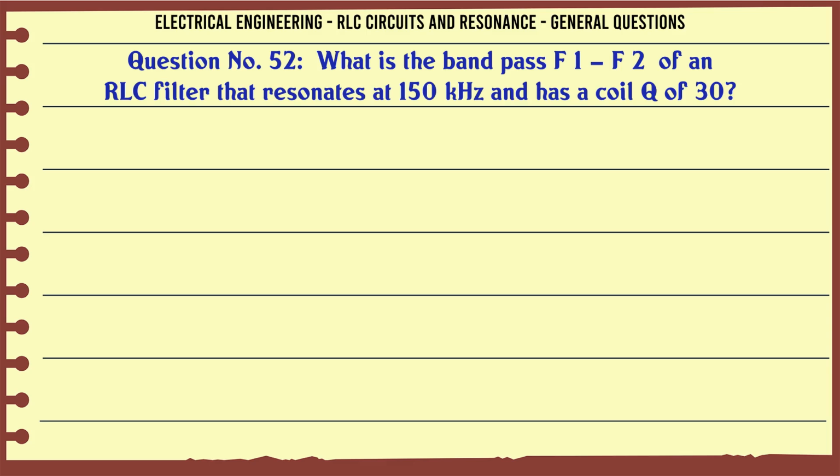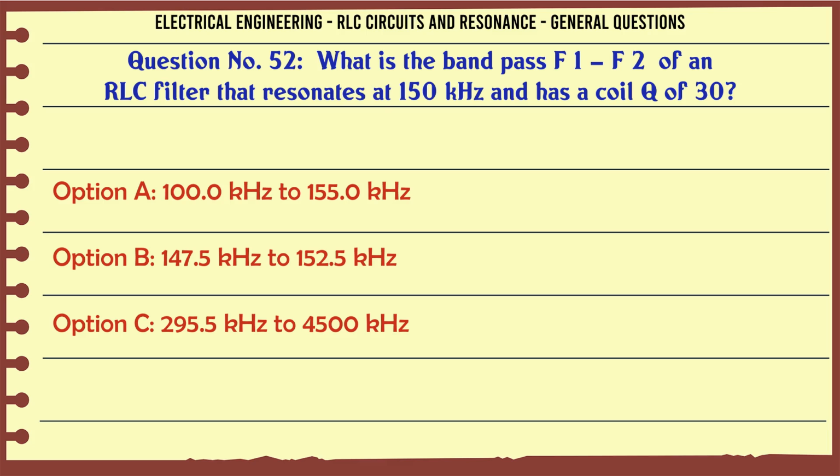What is the band pass, F1 to F2, of an RLC filter that resonates at 150 kHz and has a coil Q of 30? A. 100.0 kHz to 155.0 kHz. B. 147.5 kHz to 152.5 kHz.